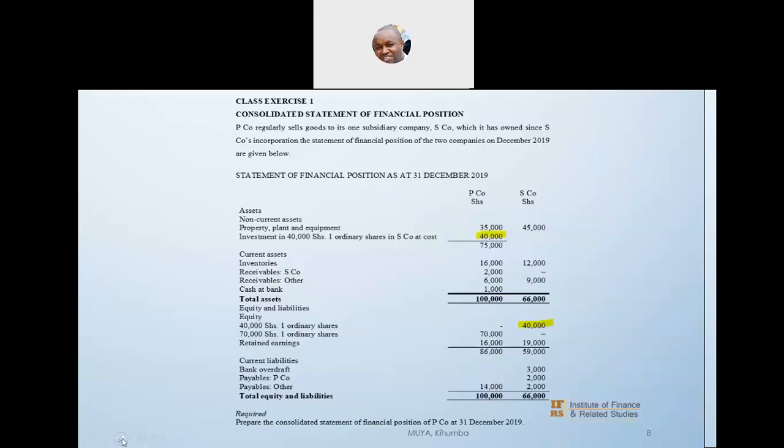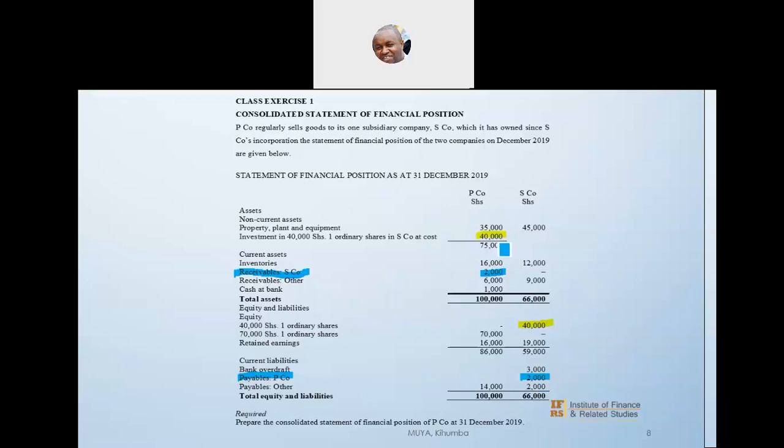And then we spoke of intra-trade items. And the intra-trade items that we spoke about, you notice in this case we have receivables in S company, a figure of 2,000. And this corresponds with payables in P company, which is 2,000.